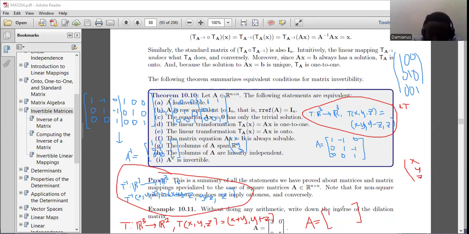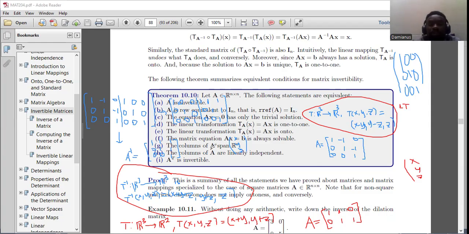So it's 1, 1, 0, because for the coefficient of z, there's no z in the first output. And then the second row is 0, 1, 1. So this is now the matrix of this linear transformation.